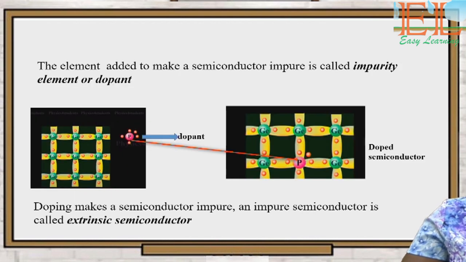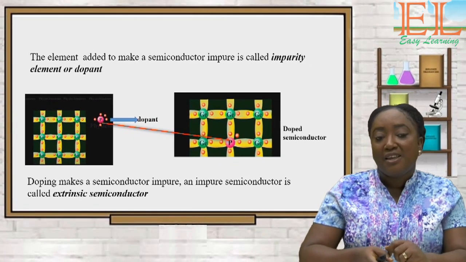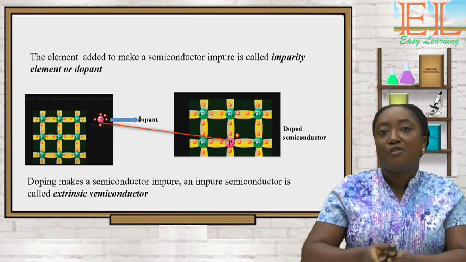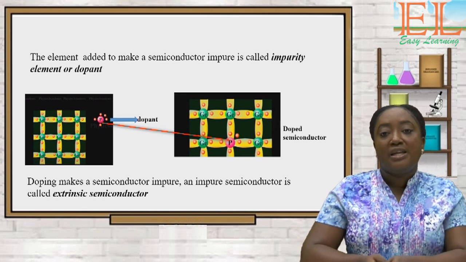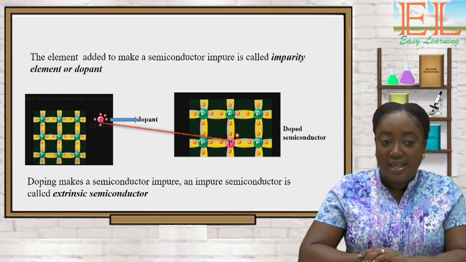The element added to a pure semiconductor to make it impure is called an impurity element or a dopant. So in the case of the picture we saw, the phosphorus is the dopant. And after the phosphorus is placed or replaced with one of the germanium atoms, then we have a doped semiconductor, like you can see in the picture.